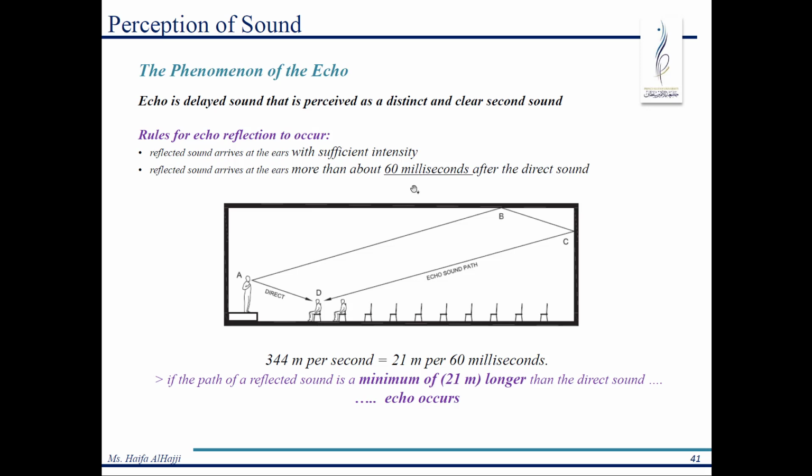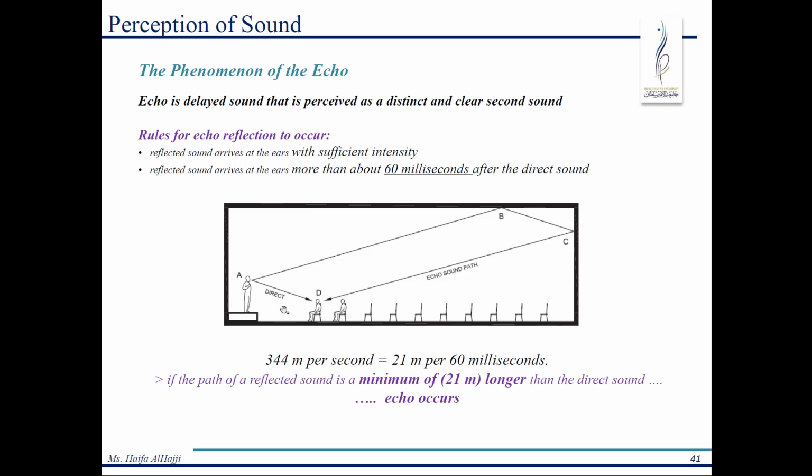So 60 milliseconds is how many meters of travel of sound? They calculated and found out it means 21 meters. So to hear echoes, the sound should take a reflection path of 21 meters more than the direct sound. Now be careful when I say more, meaning longer.